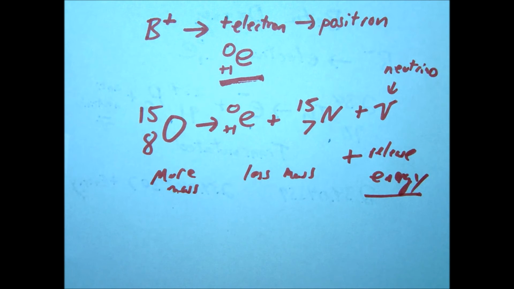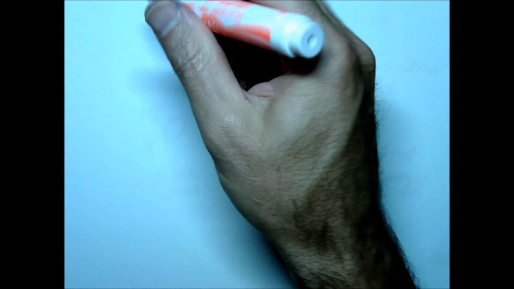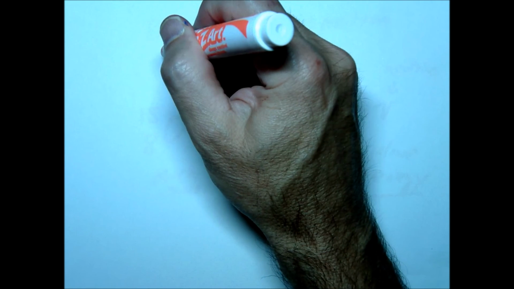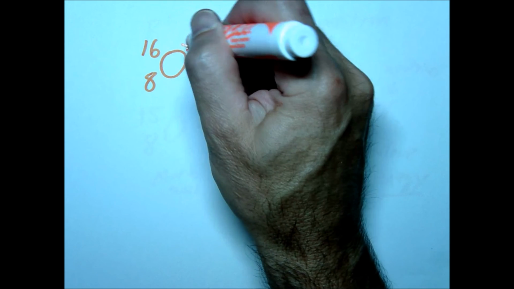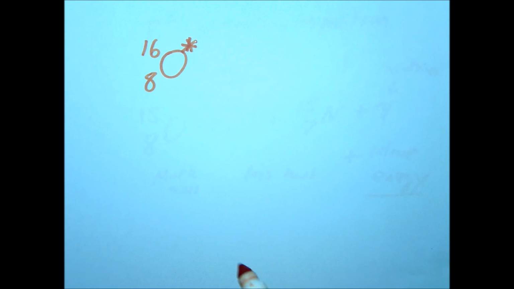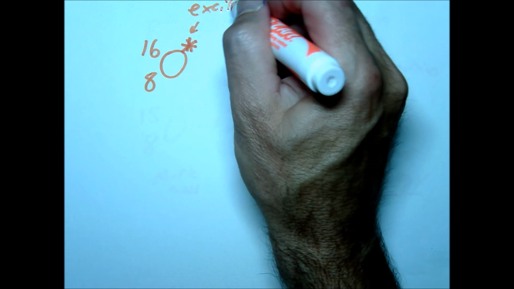Alright, the last type of decay is the gamma decay. So in a gamma decay, not much happens, at least in terms of what you need to know about. So we're going to take our atom, let's say, I don't know, we'll just take an oxygen 16, 8. Okay, and what happens is this nucleus is going to actually be excited. And so we usually write that simply with an asterisk.